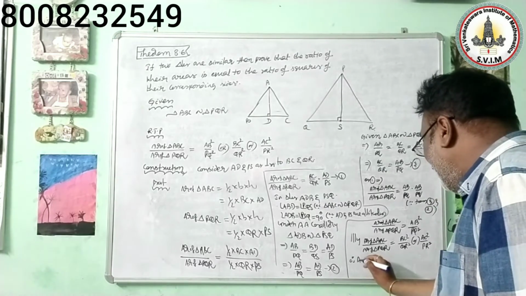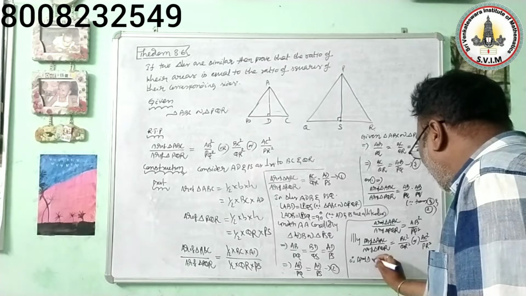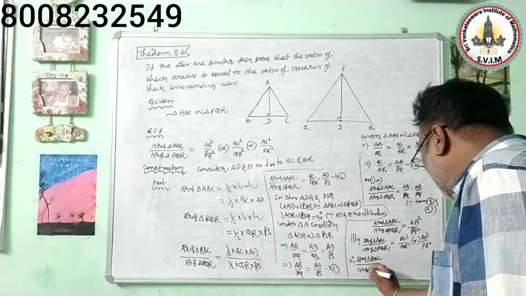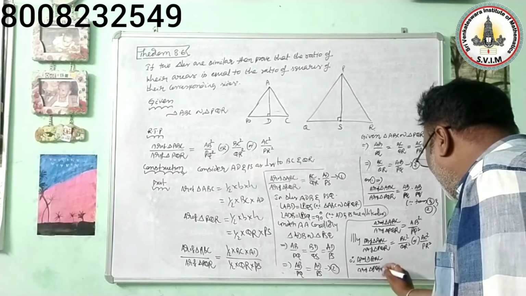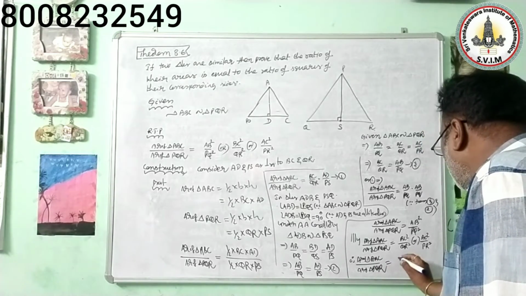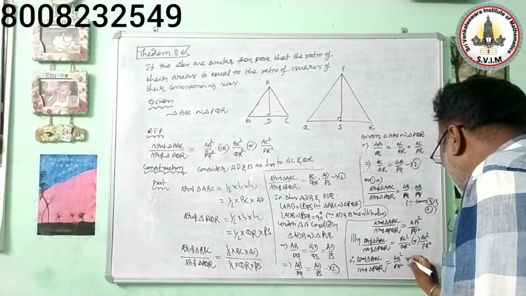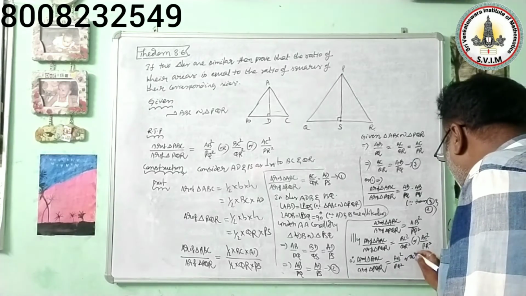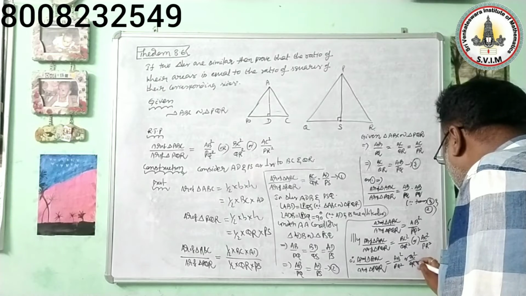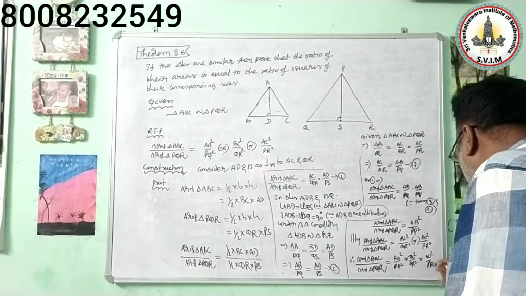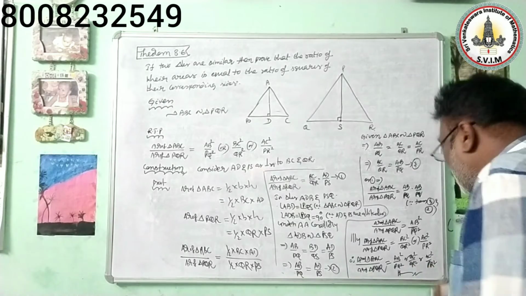Therefore, finally, area of triangle ABC by area of triangle PQR is equal to AB square by PQ square or BC square by QR square or AC square by PR square, hence proved.